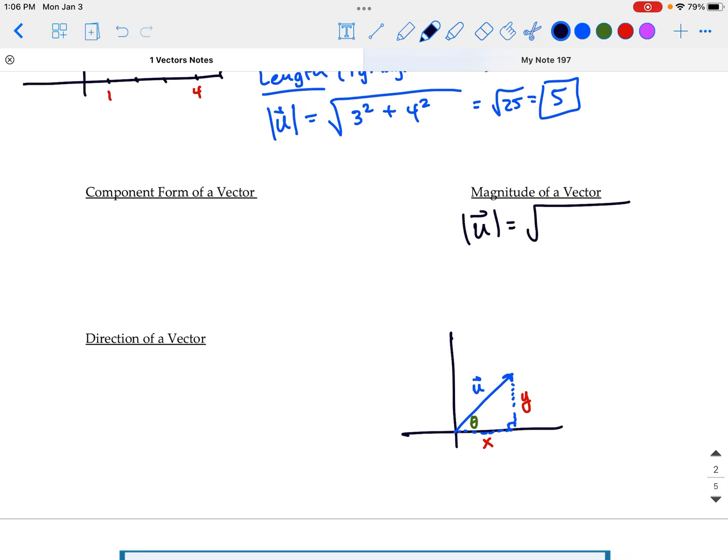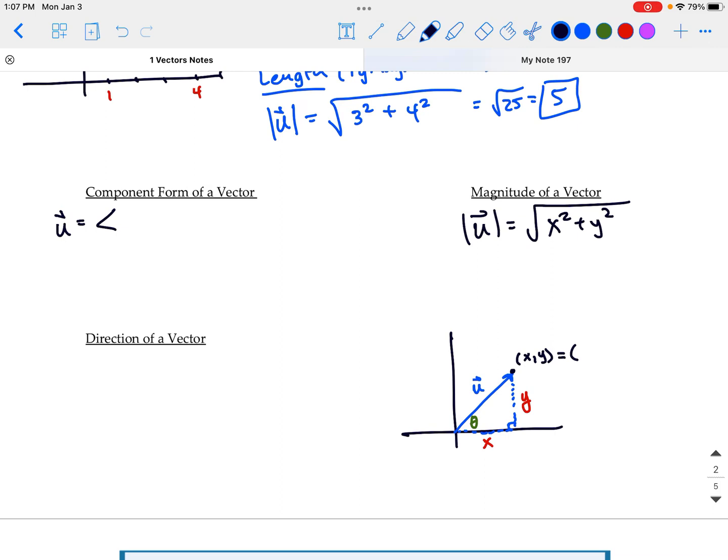Our magnitude is simply going to be the square root of the sum of the squares, from the Pythagorean theorem. The component form of a vector is something we're going to borrow from our trig functions section. If we think back to the unit circle, the coordinate x comma y, the terminal point of our vector, can also be written using sines and cosines.